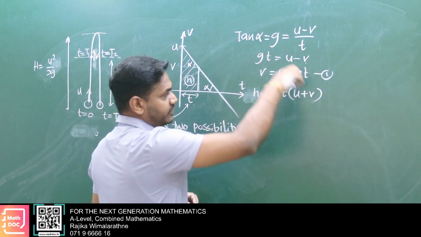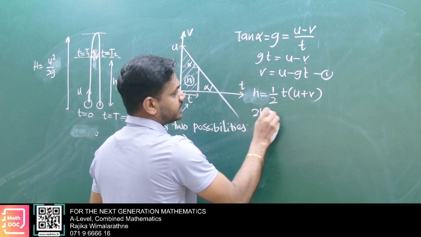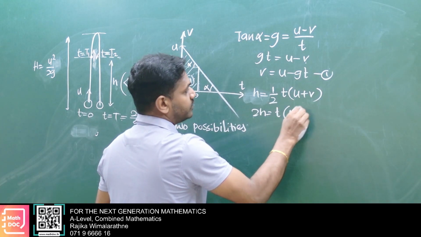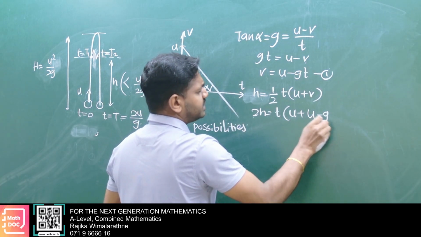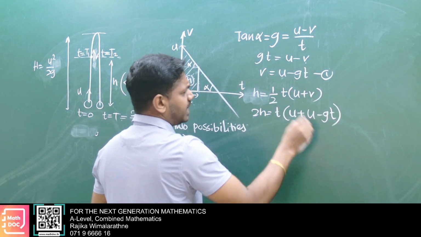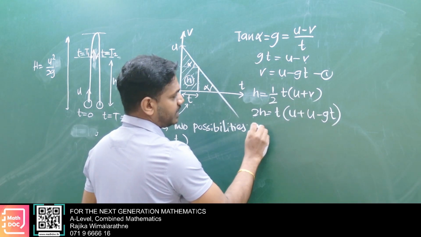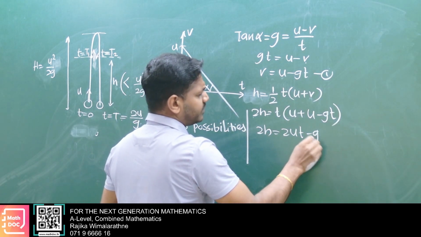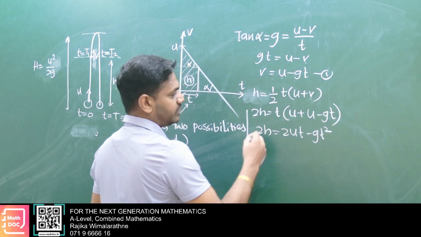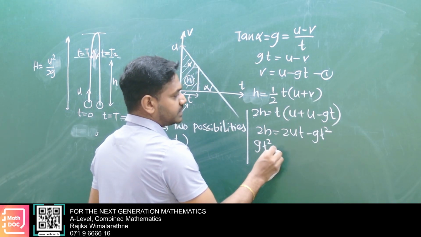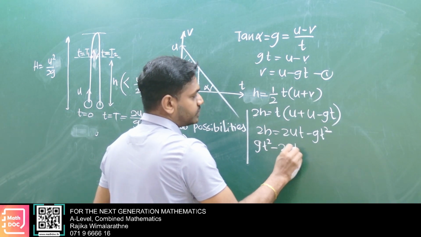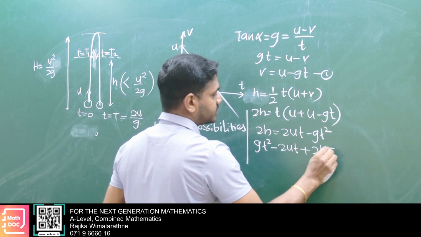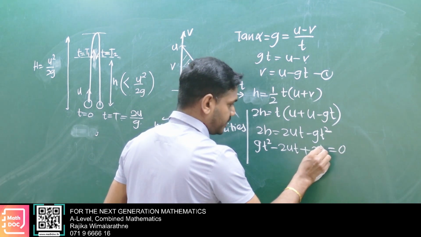Then I'm going to remove V: 2H over T equals U plus V, with V equal to U minus GT. Cross multiply and replace V, then simplify: 2H equals 2UT minus GT squared. Take all to one side: GT squared minus 2UT plus 2H. So see what we got.